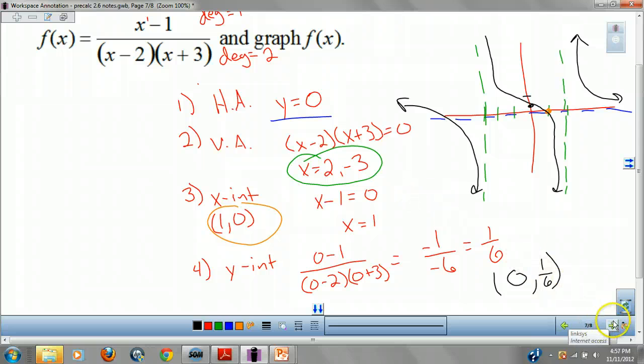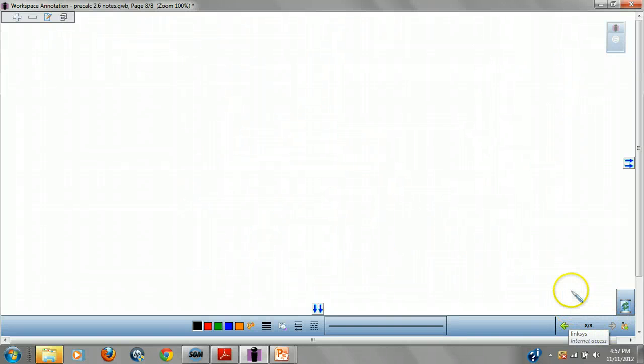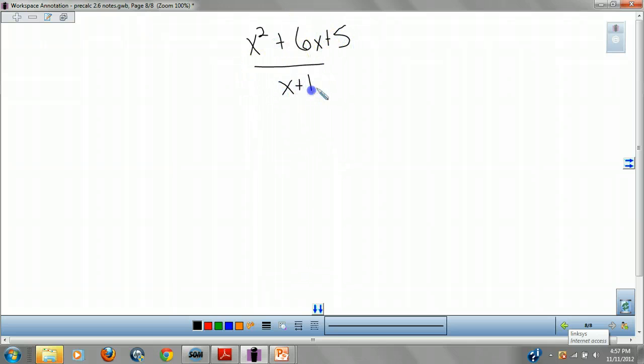Okay, I got one more thing to look at. We got a bonus one. Let's just look at the function x squared plus 6x plus 5 over x plus 1, and look at its end behavior.